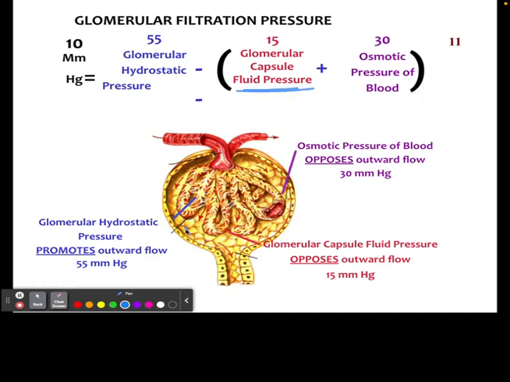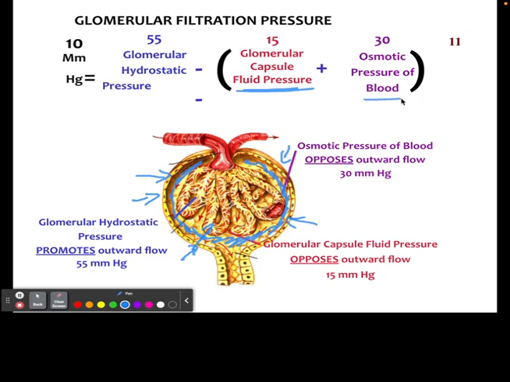All the fluid in the blue area that I'm coloring in is pushing into the glomerulus, so it's acting against us trying to get the filtrate out. If you're a little confused, the fluids inside here are actively pushing into the glomerulus, preventing stuff from coming out.